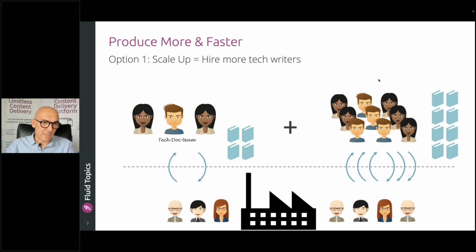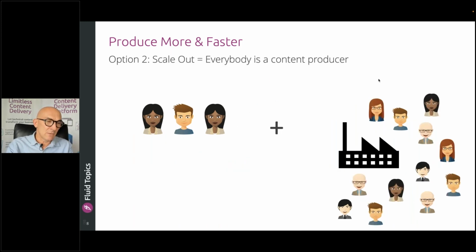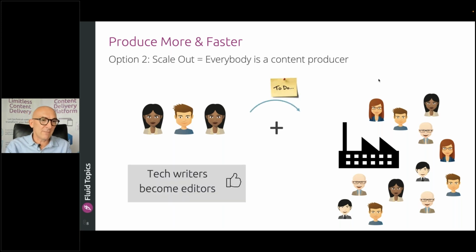That's one way of doing, but there is another way, which is the scale out process, not the scale up, which means changing a bit the paradigm, the approach, and make everybody a content producer. So in that model, the tech writers become editors. They don't really write the content anymore. They ask people to write the content for themselves, okay?